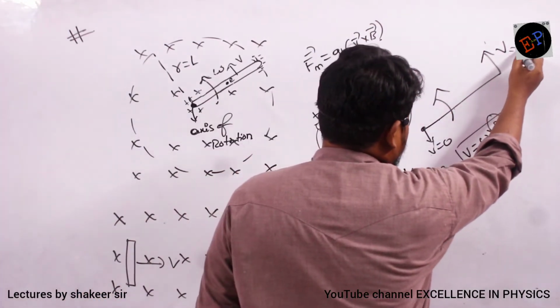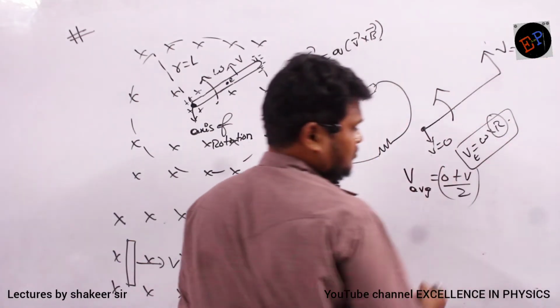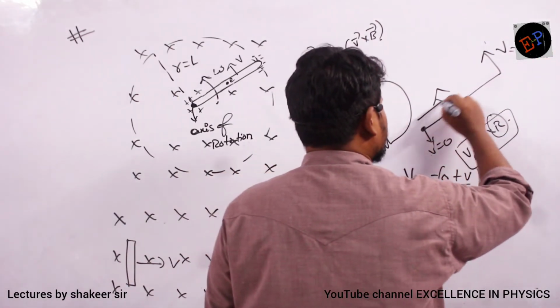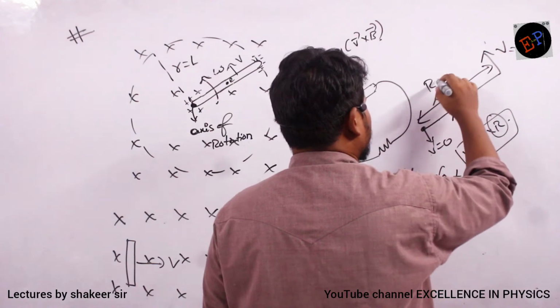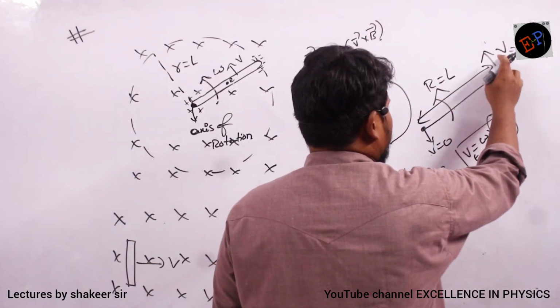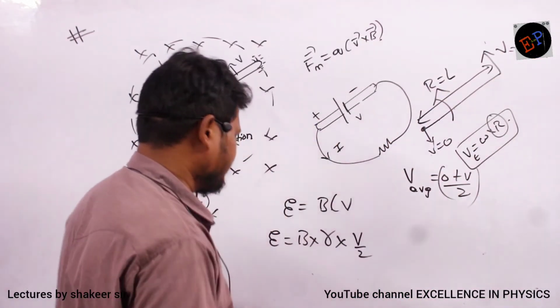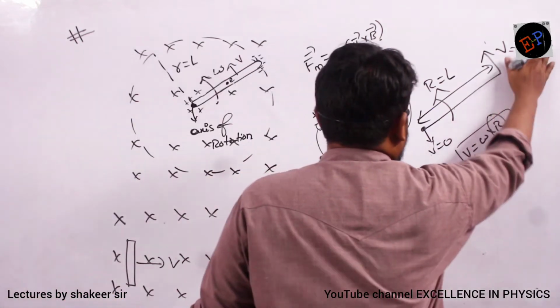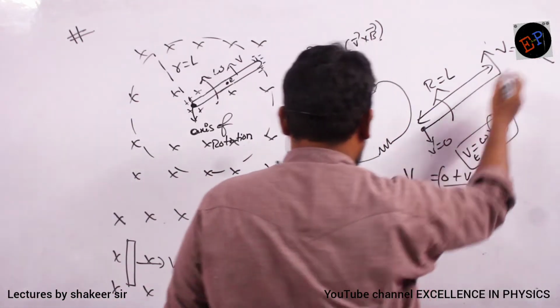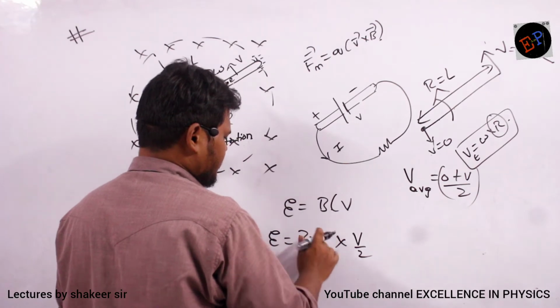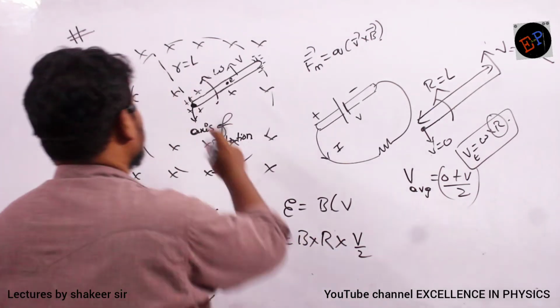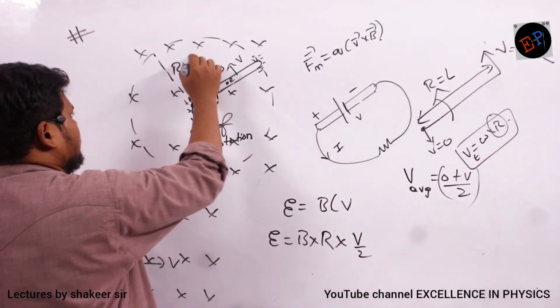What is V at this position? At this position velocity is omega into r only, no? If this total I can consider radius of this conductor, then V is equal to omega into r. I will take this one to be capital R. Now substitute.